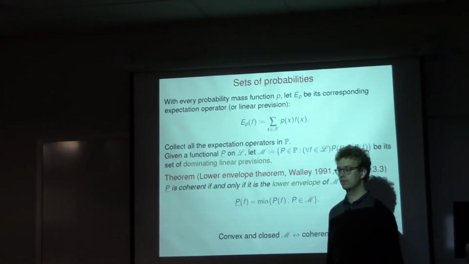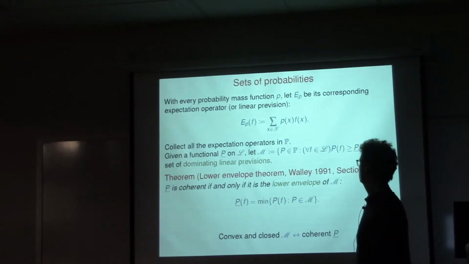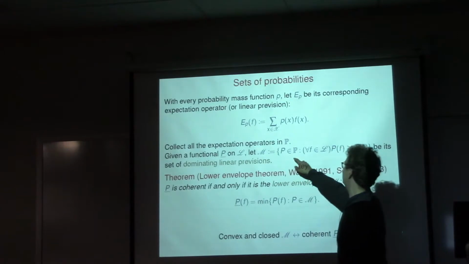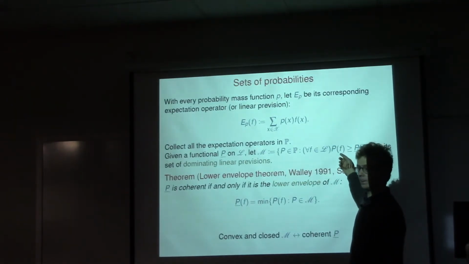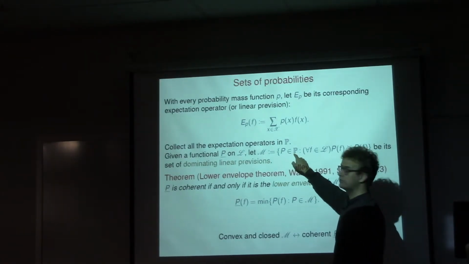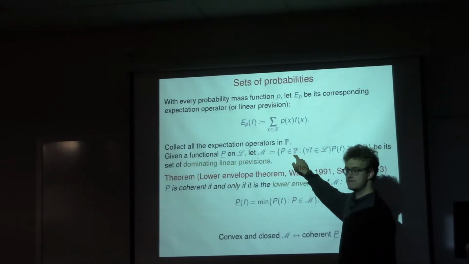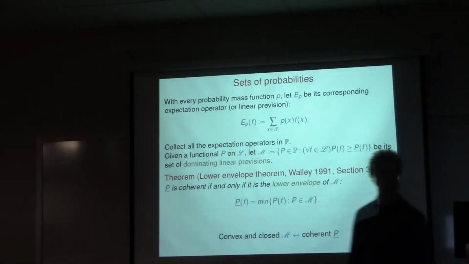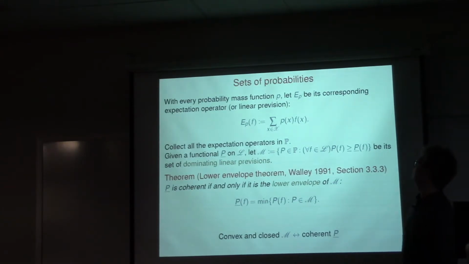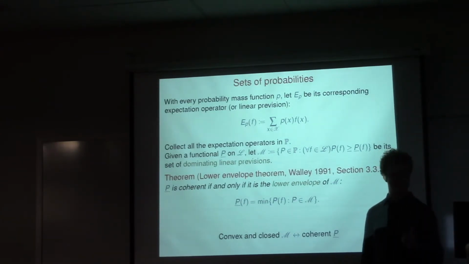Can you say what M is again? This curly M, what is that? The curly M is the set of dominating expectation operators. So this is a set of expectation operators. On the top line, you wrote E sub P. Yeah, I should have done it everywhere.